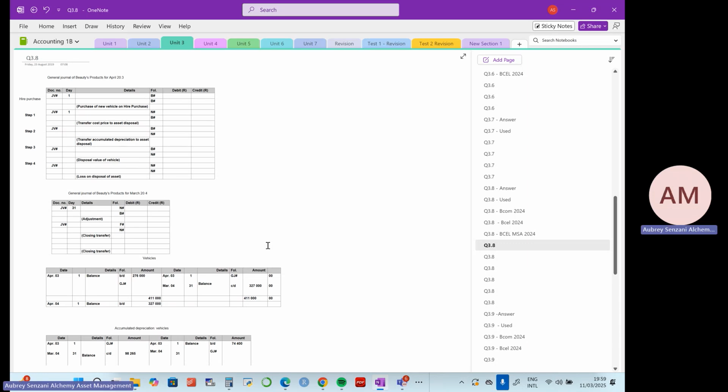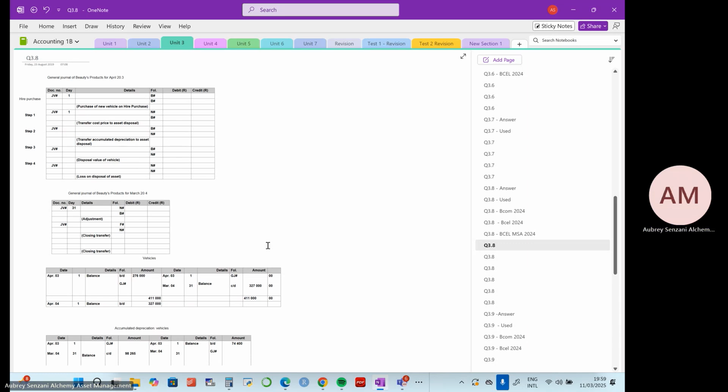Beauty Products depreciate vehicles at a rate of 25% per annum, according to the diminishing balance method. The information given above refers to all the movements relating to vehicles for the financial year ended 31 March 2004.